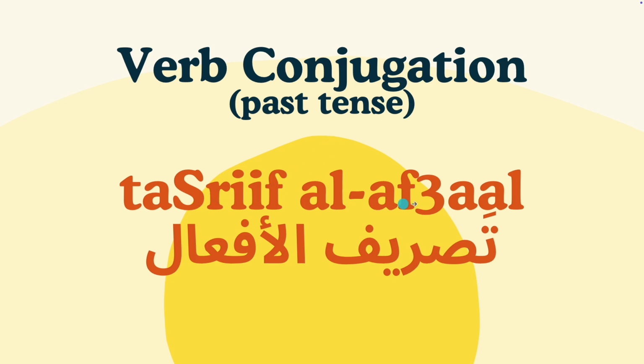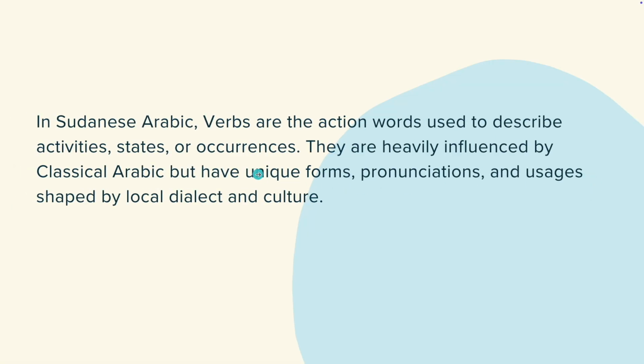In Sudanese Arabic, verbs are the action words used to describe activities, states, or occurrences. They are heavily influenced by classical Arabic, but have unique forms, pronunciation, and usages shaped by local dialect and culture.